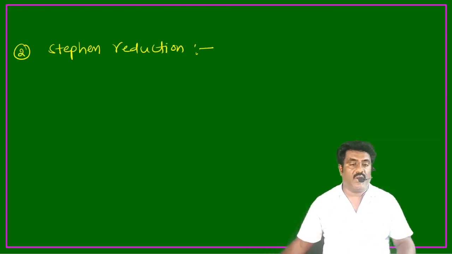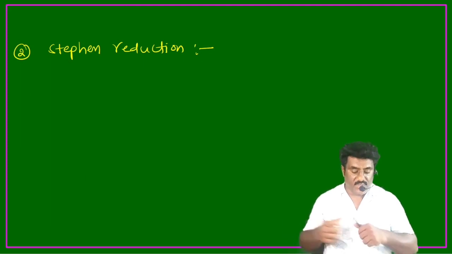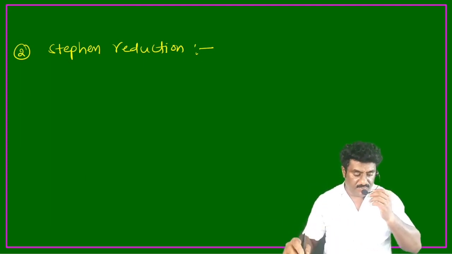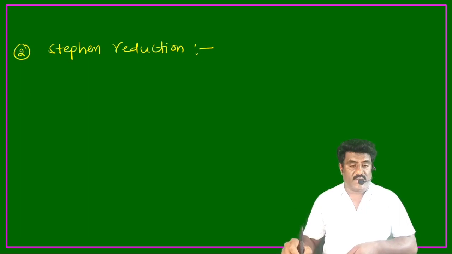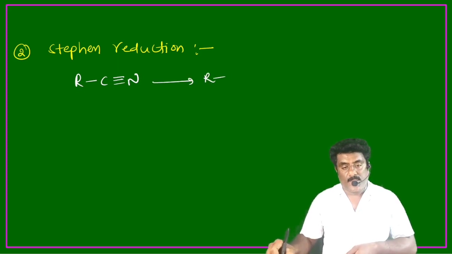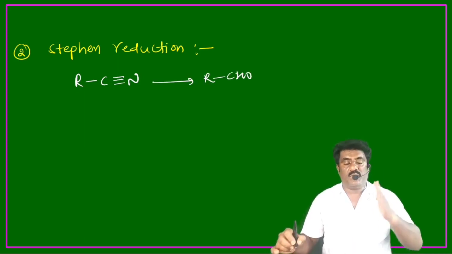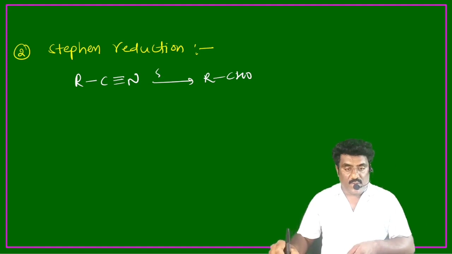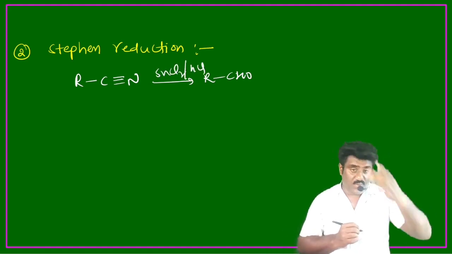Now looking at the Stephen reaction. What is the Stephen reaction? Alkyl cyanide, RCN, to aldehyde. What is the name of the reagent? Tin chloride, SnCl2 plus HCl, to give aldehyde.